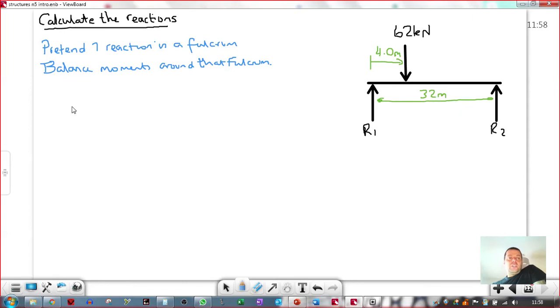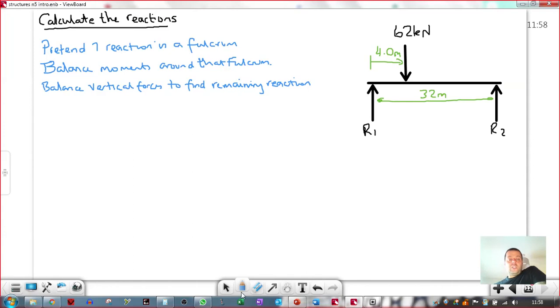You could do that twice, or you could then balance vertical forces to find the remaining reaction.